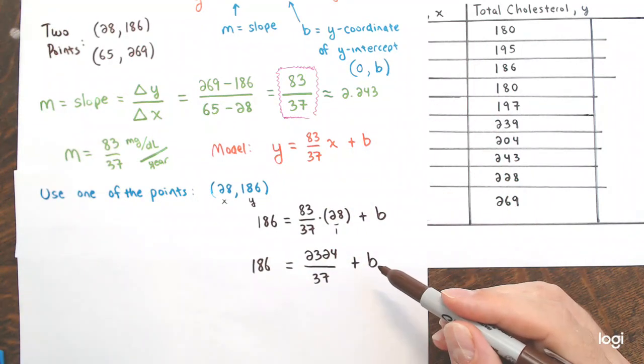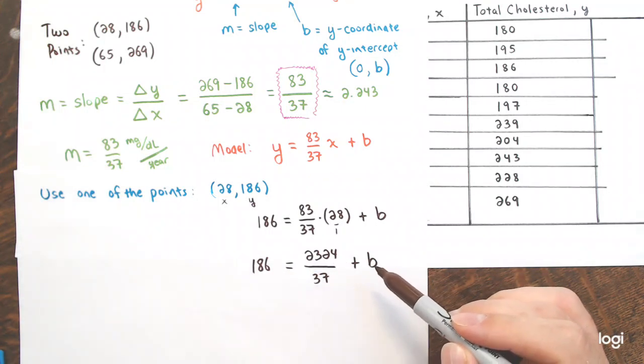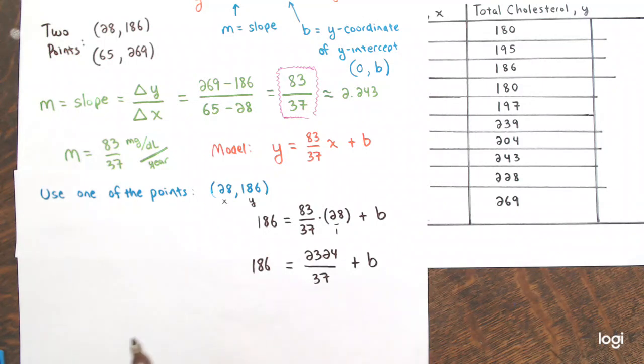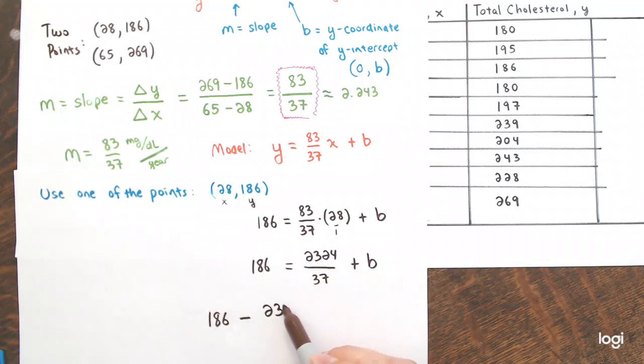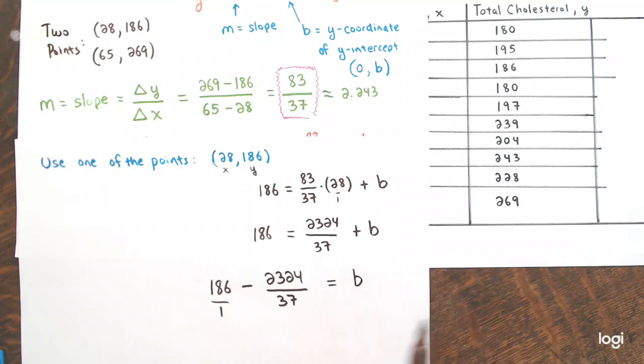Right now this equation only has the variable b in it. So now I would just subtract this fraction, giving me 186 minus 2,324 over 37. That is the value of b. Now I'd like to put this as a single fraction. Remember, this is 186/1.